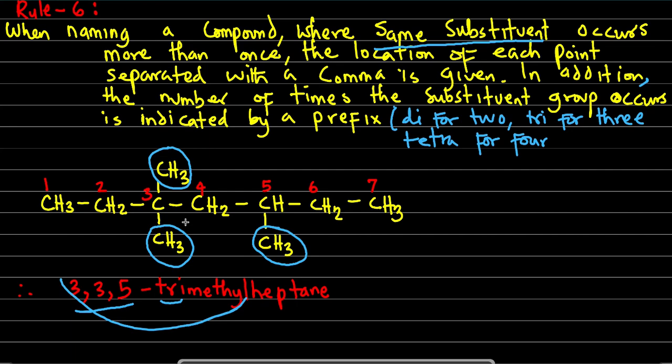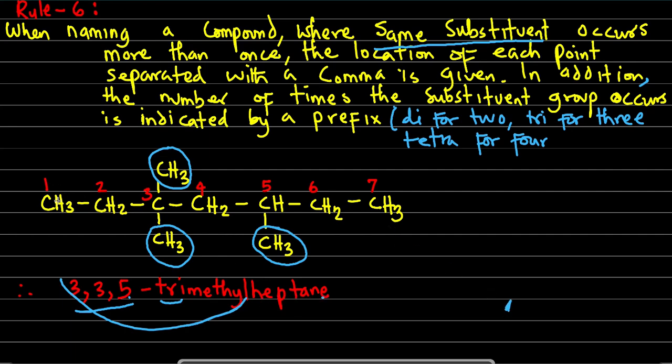But since they are all the same, we just group them together, their position numbers separated with commas, and then we use tri. Tri simply means 3. So anybody that sees trimethyl will know that we have methyl appearing 3 times, on position 3 and position 5 of a 7 carbon chain. That is where the heptane comes in.